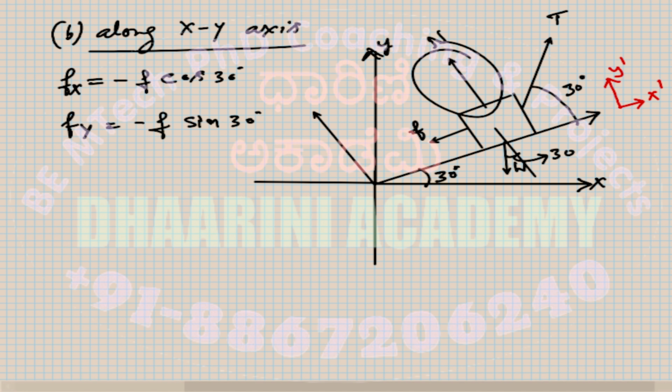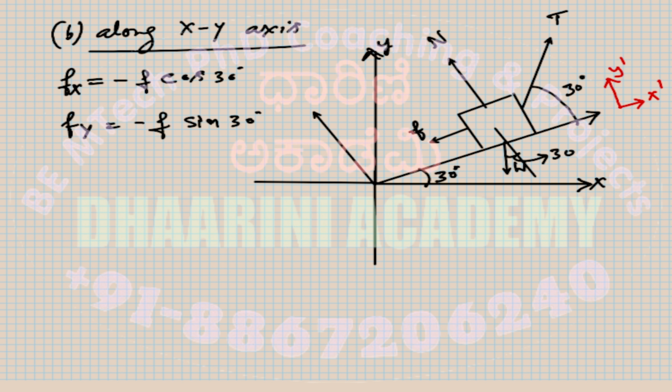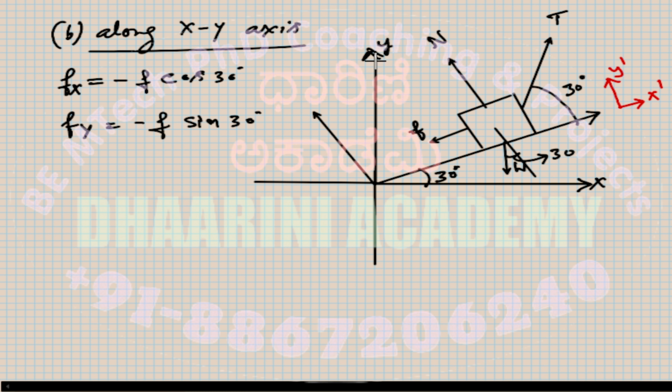So if I want to measure the angle, how do you measure the angle? Angle with respect to y means you draw parallel to y axis. So y axis is here, parallel to y axis is this. Okay, so again this angle will be 30 degrees. So with respect to y axis, this angle is 30 degrees. So this is the given case, right?